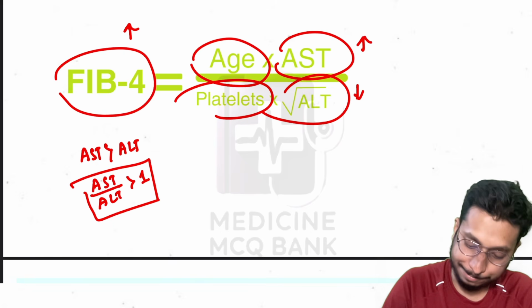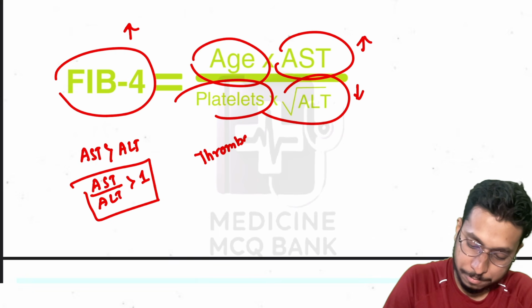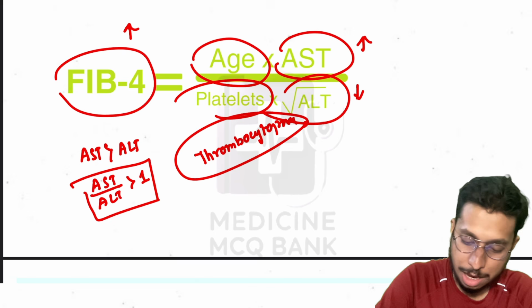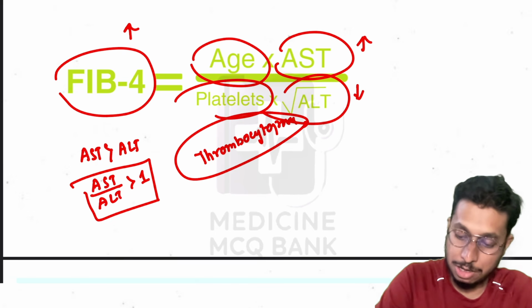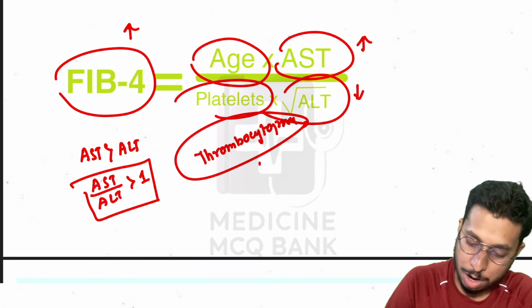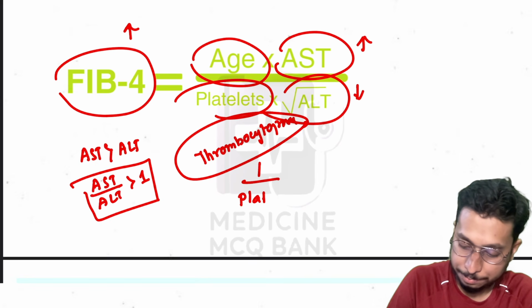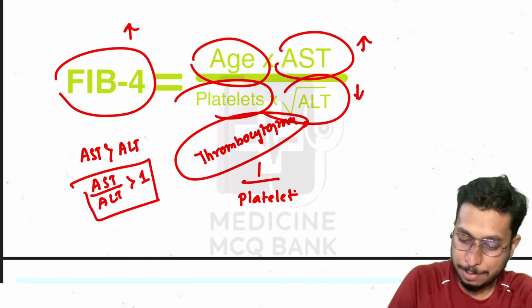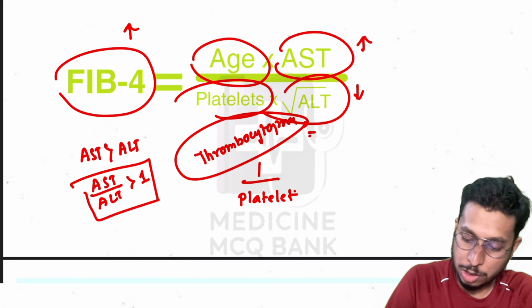Similarly, thrombocytopenia is a risk factor that is usually seen. So what you can tell, thrombocytopenia or 1 by platelet. What does it mean? Thrombocytopenia is low platelet, right?